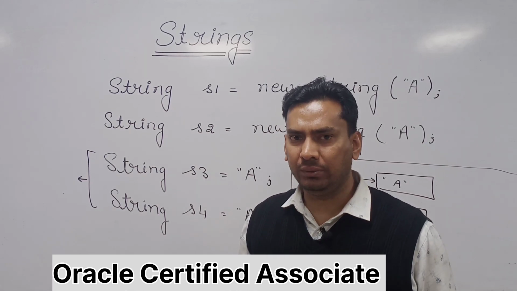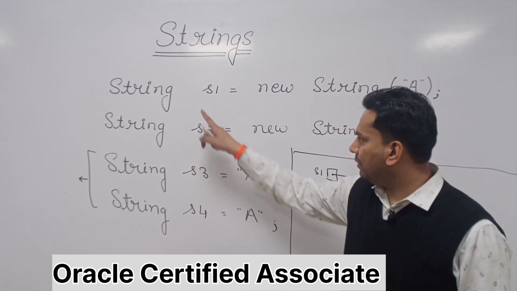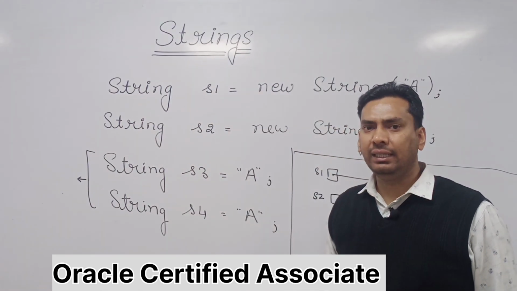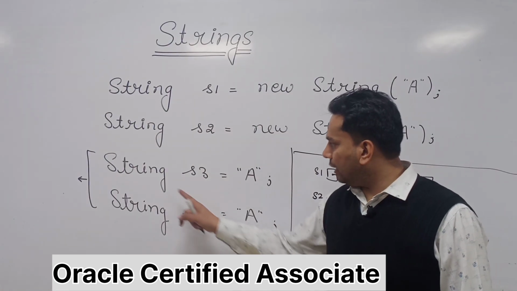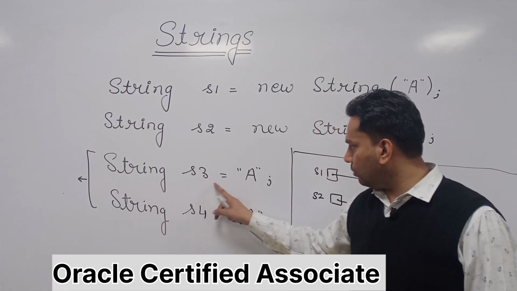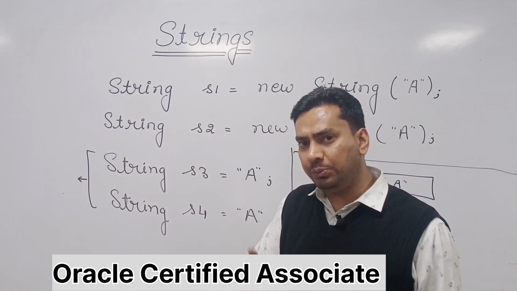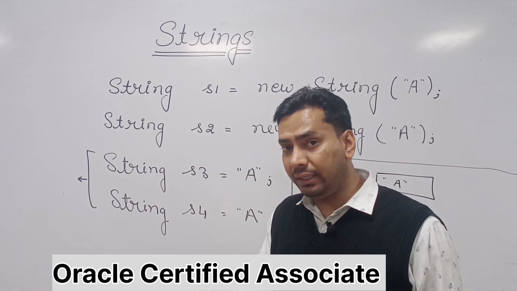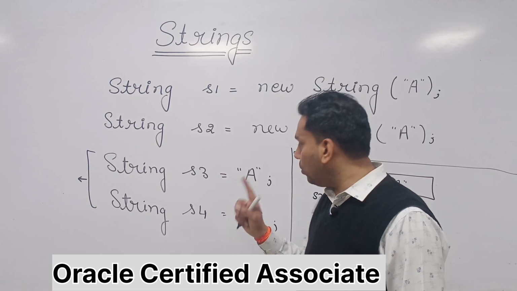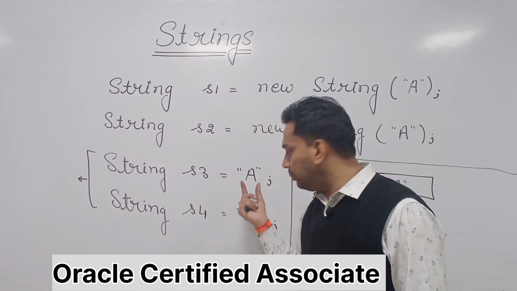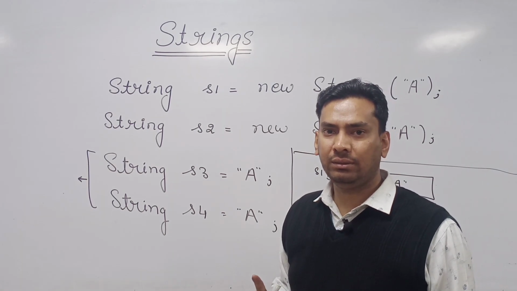Second, the difference between this syntax and that syntax is that when you create string S3 is equal to A, it will create the object in the string pool only when there is no already existing object with the same content.